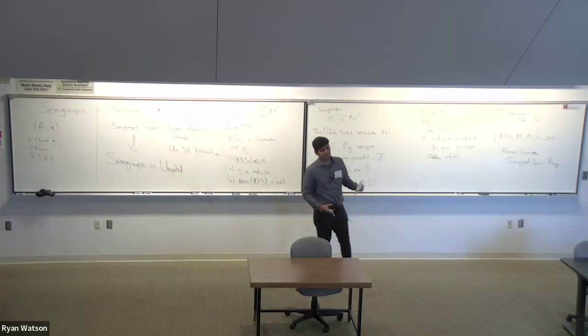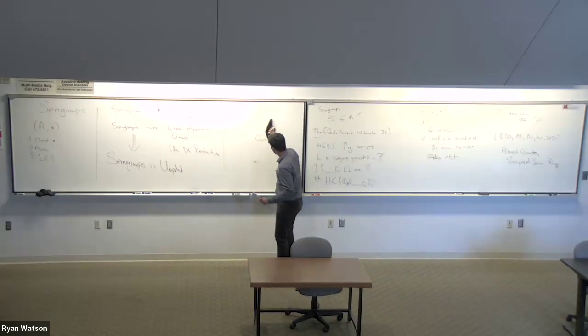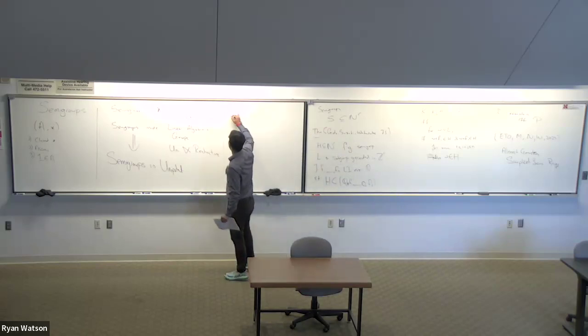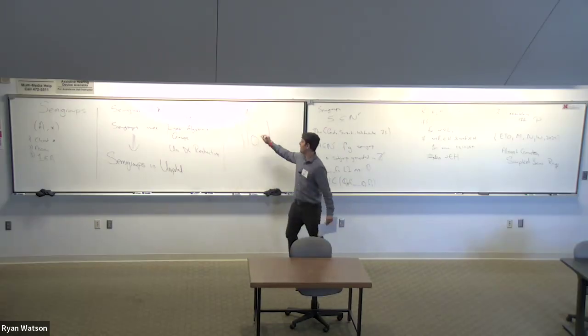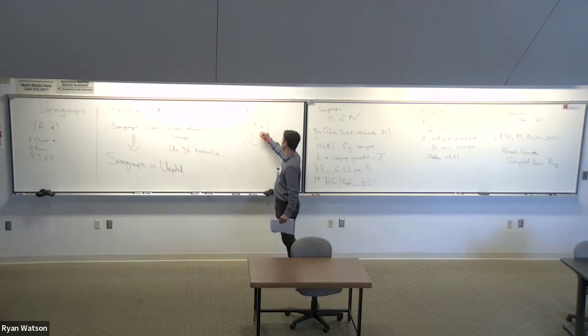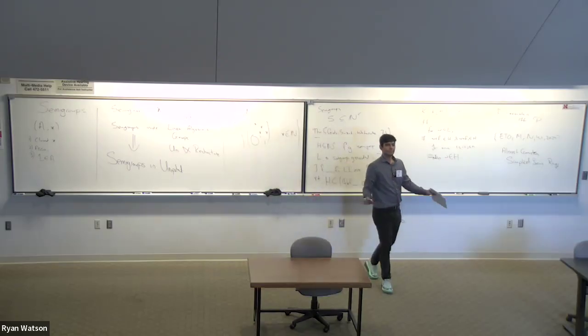Let me make things more concrete. Let me write the set U_n, which is a subset of n by n matrices with ones on the diagonal, 0 down here, and all these entries inside N. Okay?